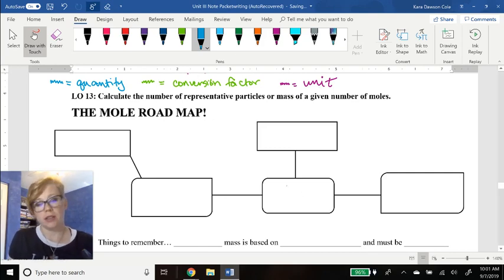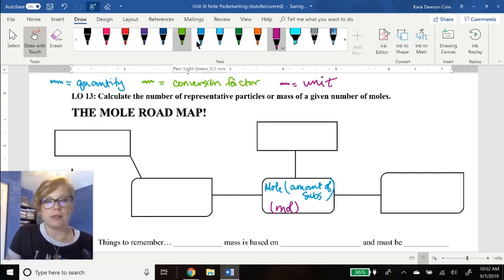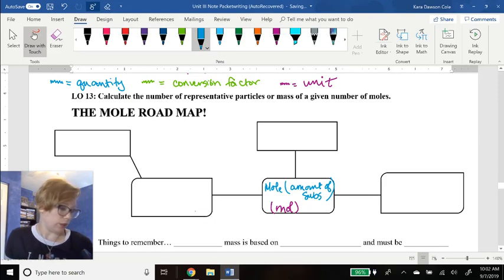So the center of this is the mole, which is the amount of a substance. Its unit is mole, M-O-L, which is my abbreviation for my unit. If I'm looking at the mole, I know that the mole is equal to the molar mass.